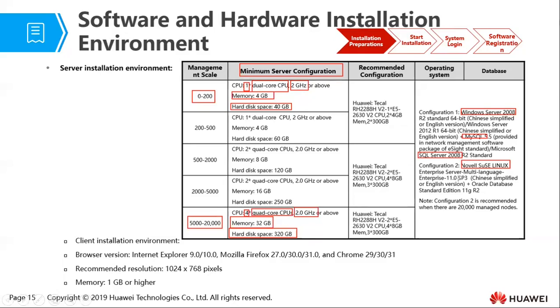So you can use either of those. When your operating system is SUSE Linux, then you can use Oracle database. Configuration 2 is recommended where there are 20,000 managed nodes. So it is recommended that you use SUSE Linux and the Oracle database.